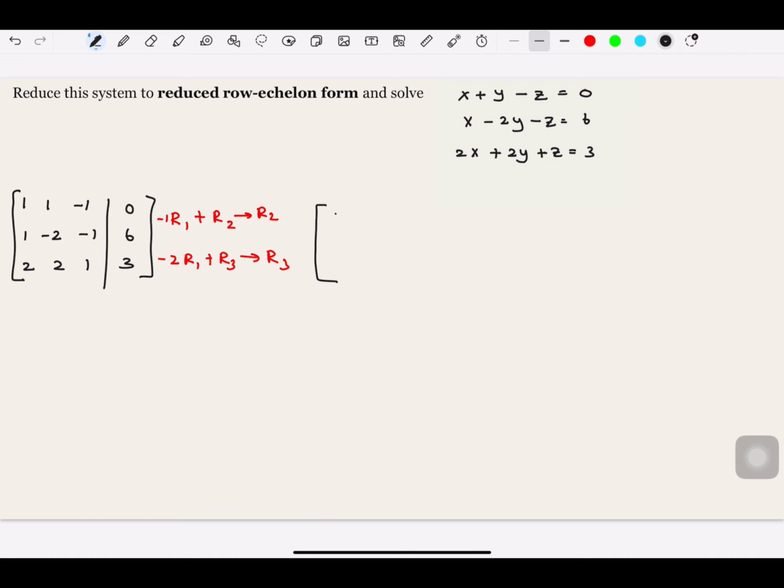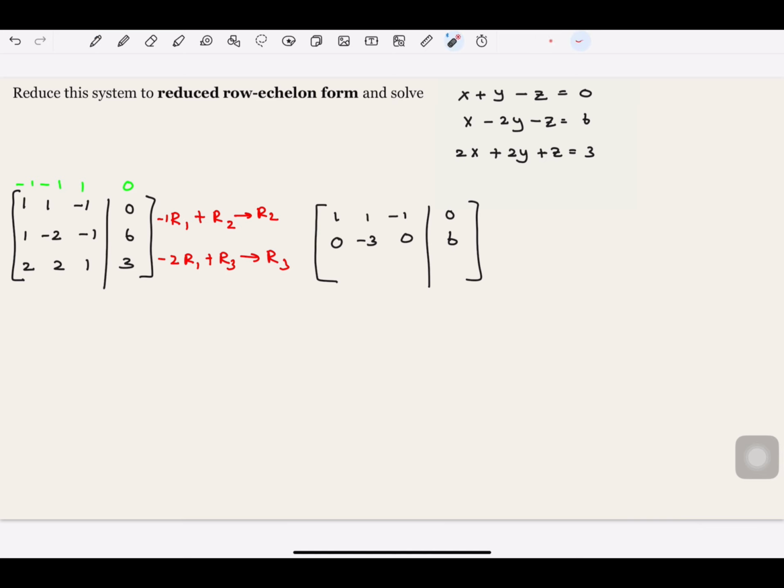Starting with 1, 1, -1, 0, the second and third rows will change. Let's start with the first one. You multiply this by -1 and add it into the second row. So if you add -1 with +1, you'll get a 0, and then -1, -2, -3, 1, -1, a 0, which is good, and then here you have a 6.